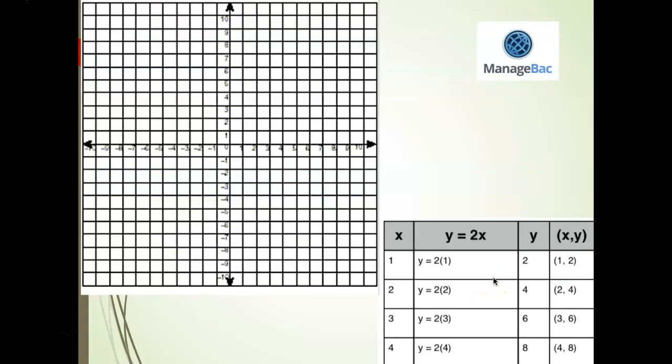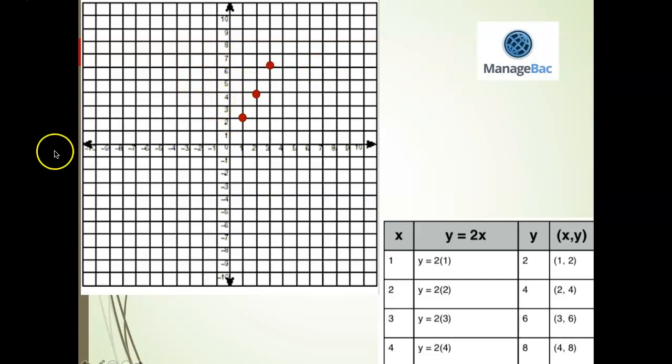Now we are ready to graph. The first point is 1, 2. Using the person, you will have 1 to the right, and then the elevator goes up by 2 levels. The second point is 2, 4. So the person is going from 0, walks twice here and moves up by 4 levels. Same thing with the third point, which is 3 and 6.